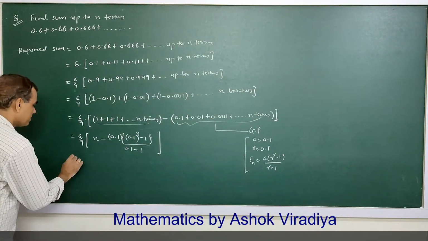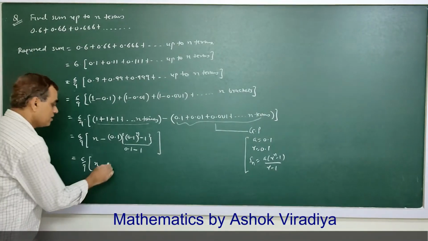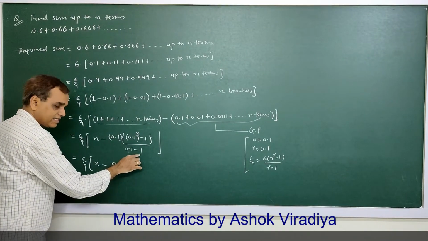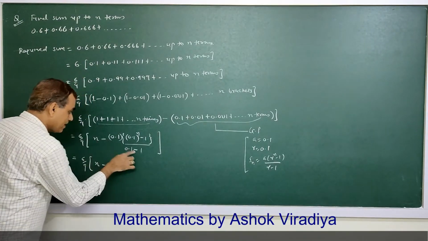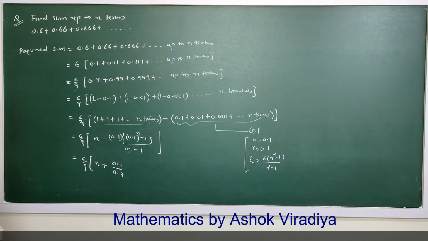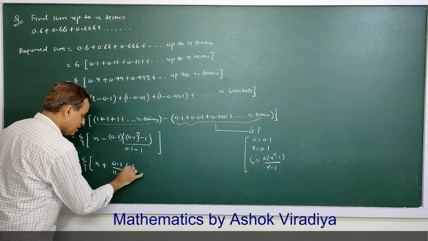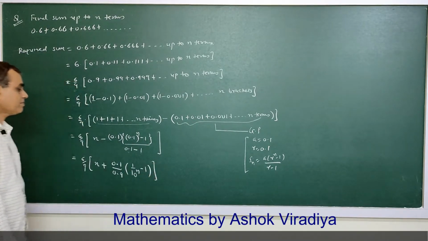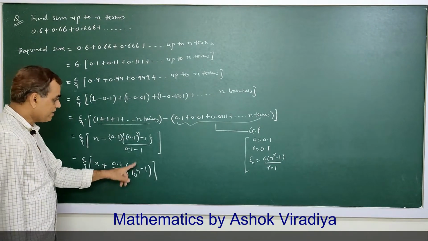So this is equal to 6 by 9 into n minus 0.1 upon, this will be minus 0.9. So minus minus plus 0.9 into bracket. This will be 1 by 10 raised to n minus 1. 0.1, that is 1 by 10 raised to n minus 1.